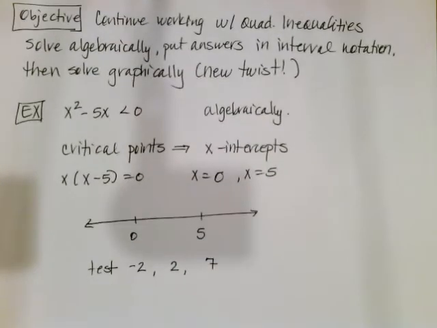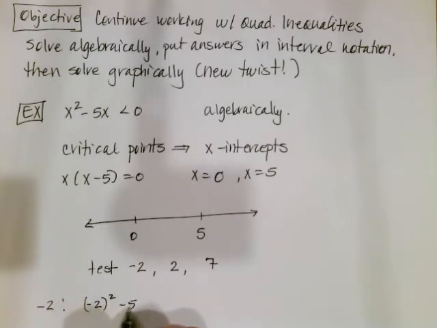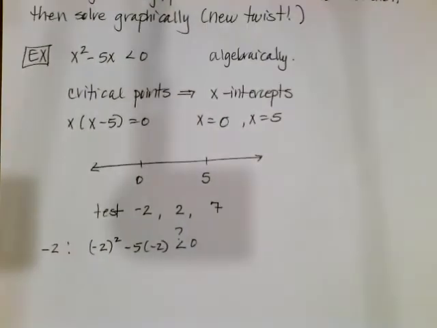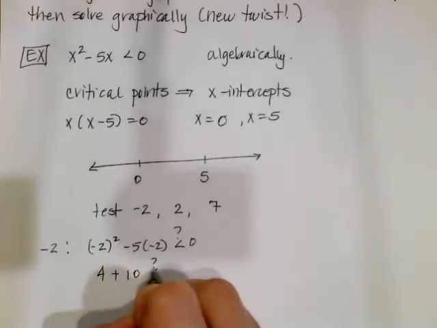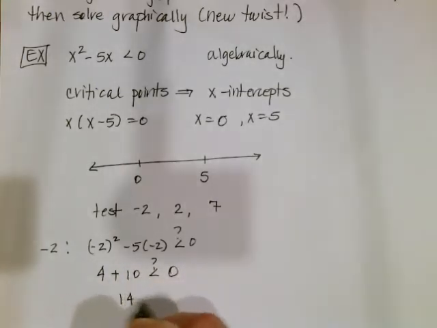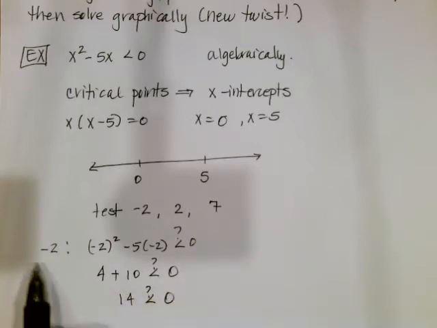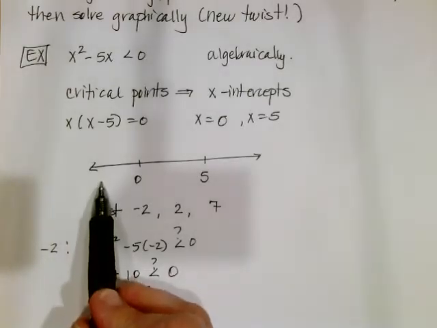So I'm going to put those values back into the original inequality. If I test my -2, I would have -2 squared minus 5 times -2, and I want to know, is that less than 0? If I do that math, I get 4 plus 10, still looking to find if it's less than 0. 14 is not less than 0, so that means that the very left interval doesn't apply.